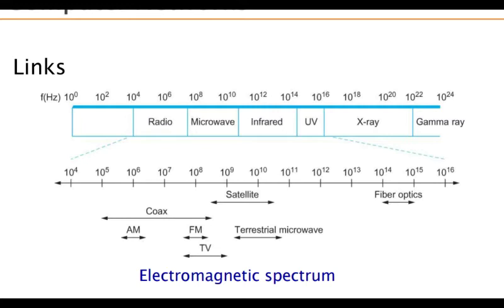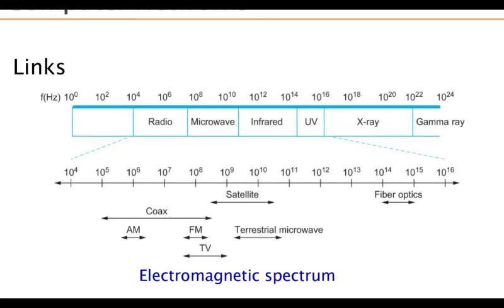Is it clear? Radio waves, the frequency band is shown from 10 raised to 4 to 10 raised to 8, and from 10 raised to 8 to 10 raised to 10 and above are microwaves. The next one is infrared, then ultraviolet rays from 10 raised to 14 to 16, and then x-rays and gamma rays. These are at very high frequency bands.